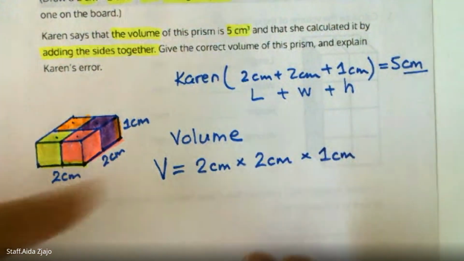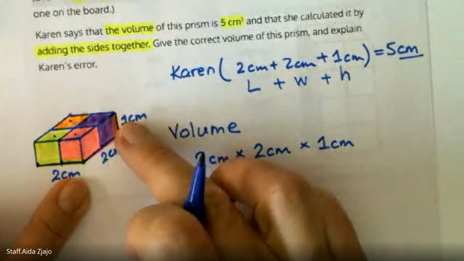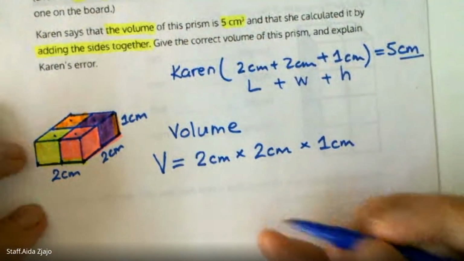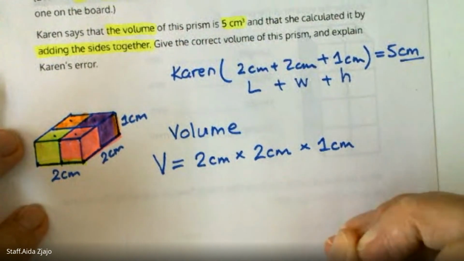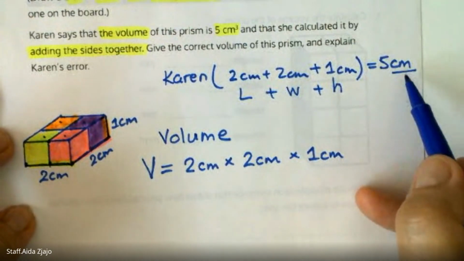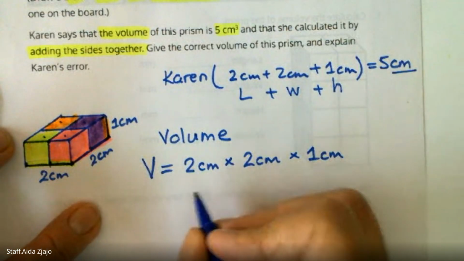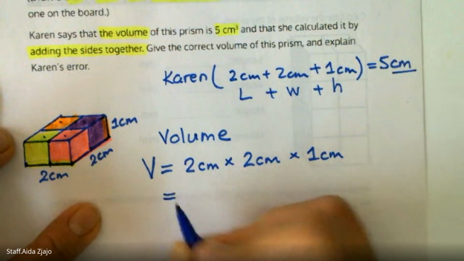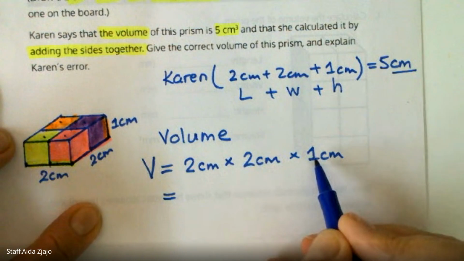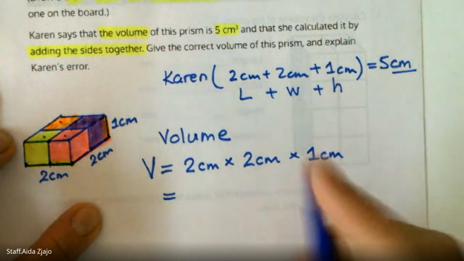So you're multiplying the length and the width and the height, and the product that you get is not a length, it's a cube, it's a different dimension. So you can say 2 times 2 is 4, 4 times 1 is 4.